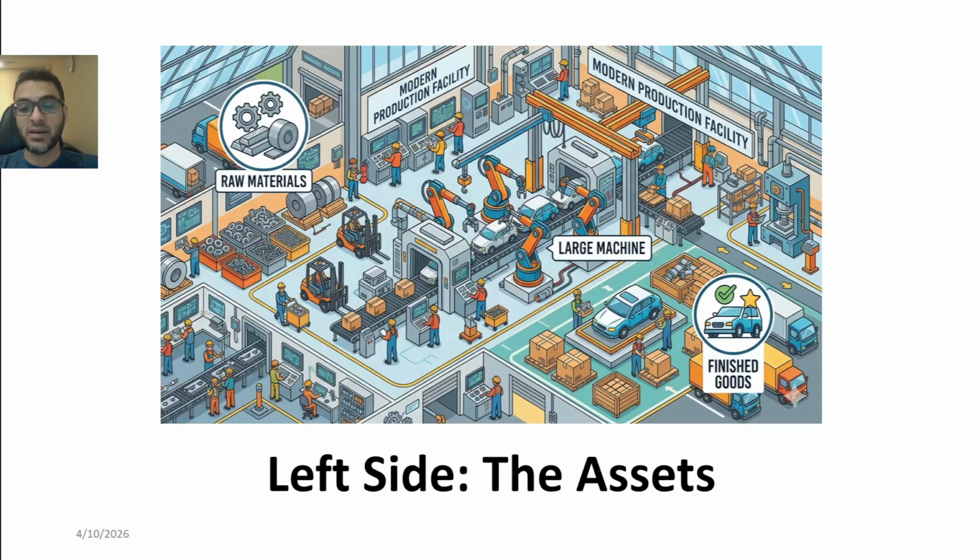On the left side we have the assets. Assets can be current or non-current. Current assets are cash on hand or assets that are expected to be converted to cash within a short period of time, usually within 1 year, like inventory, products on the shelves, accounts receivable.